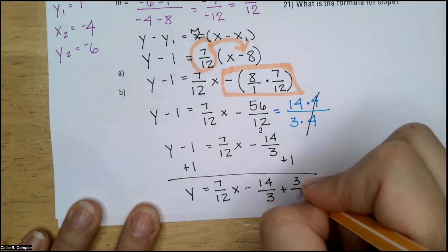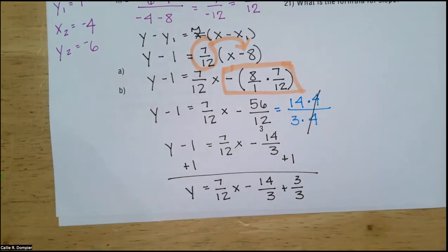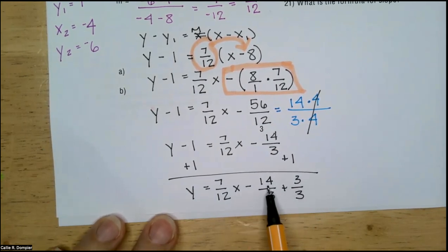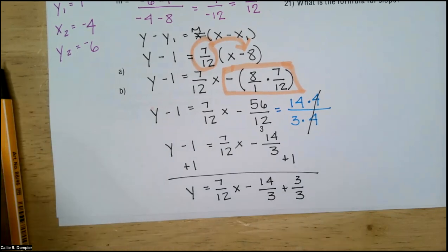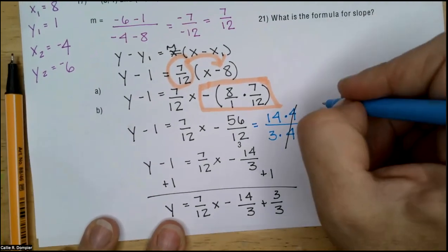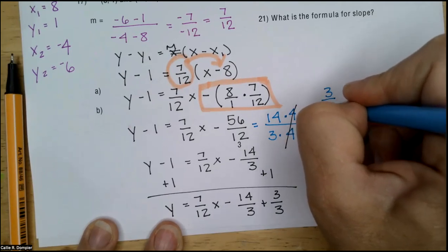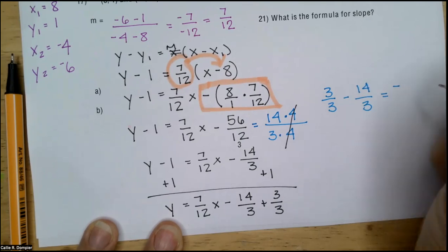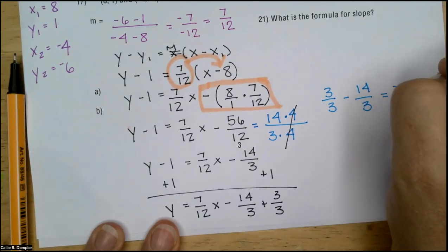I'm going to change 1 to 3/3, right? 3 divided by 3 is still 1, but now they have a common denominator. So I'm going to take 3/3 and I'm going to subtract 14 thirds. What is 3 minus 14? It's -11.